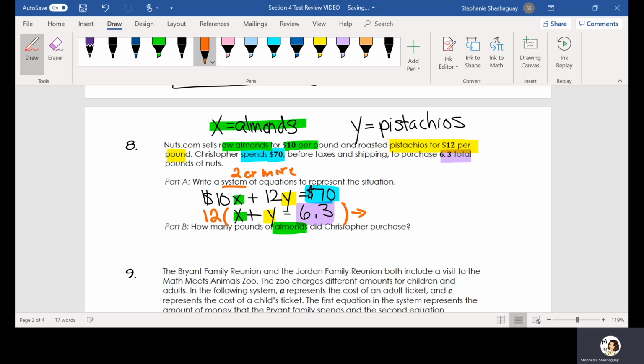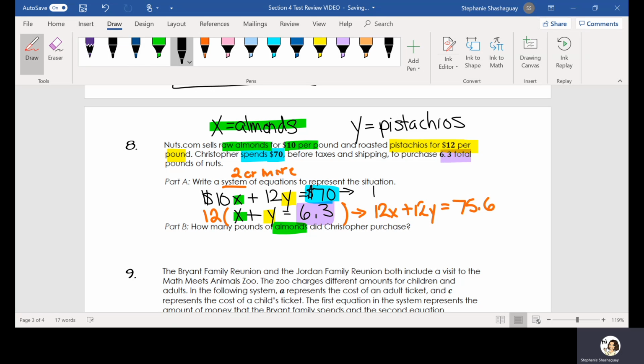So when I multiply the whole equation times 12, I'm going to get 12x plus 12y is equal to, well, let's see, 6.3 multiplied by 12 is equal to 75.6. And I did not need to change my first equation.